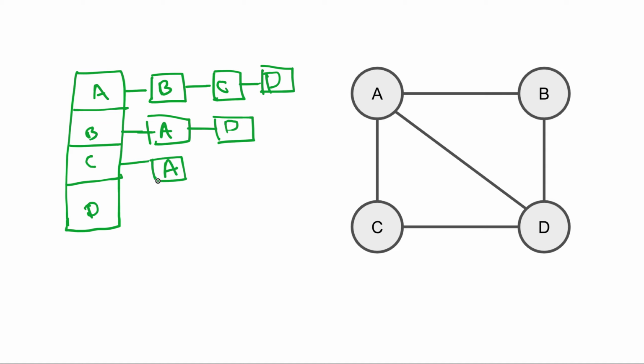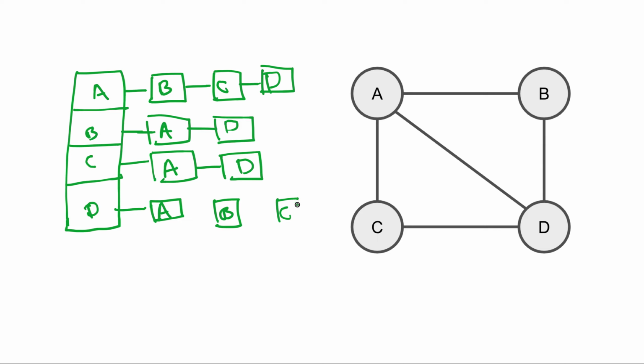A and D, and for D we have A, B, C. So I will be writing A, B and C. Okay, so this is how you represent a graph using adjacency list representation.